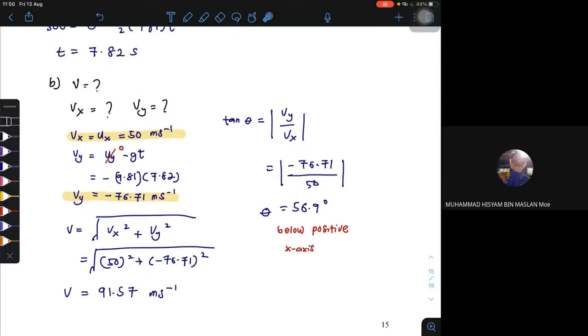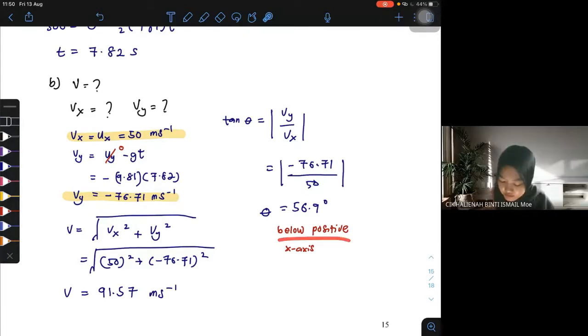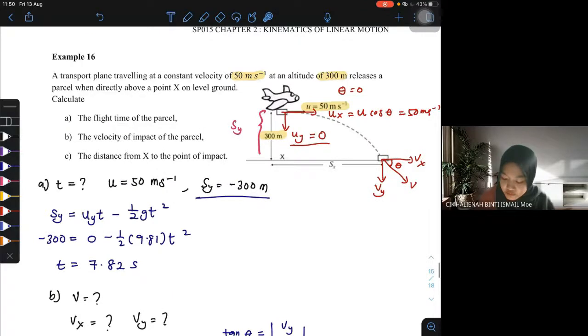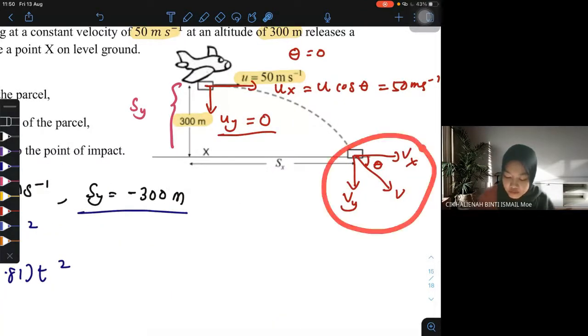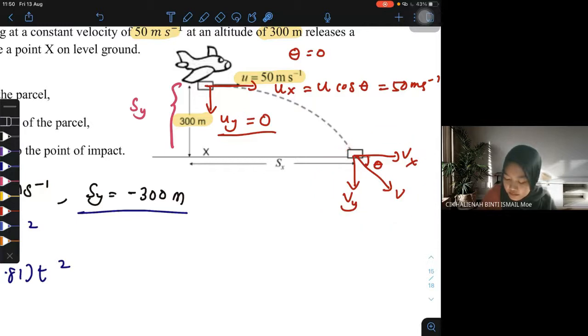Miss, kenapa dia below positive x-axis? Okay. So, that's why kamu kena lukis tau benda ni. Apabila dia jatuhkan parcel ni, okay, apabila parcel ni jatuh, obviously velocity dia ke bawah. And then bila kita velocity ke bawah, kita kena resolve x and y component. So angle tu always refer kepada x component. Mesti angle tu dekat sini.